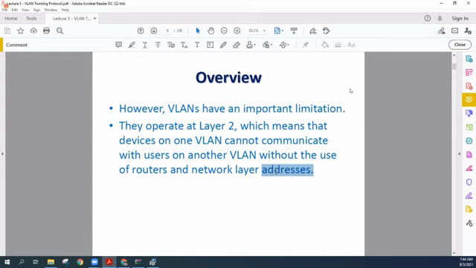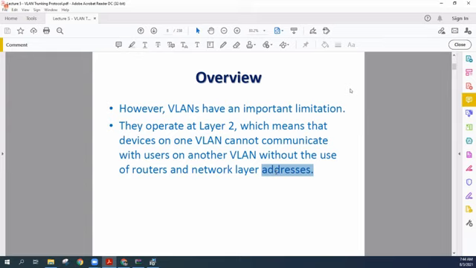Then if you want to establish communication between those two different groups, definitely we have to use a router, right? Definitely we have to use the router for communication between LAN 10 and LAN 20. When it becomes a VLAN, the concept is still valid.